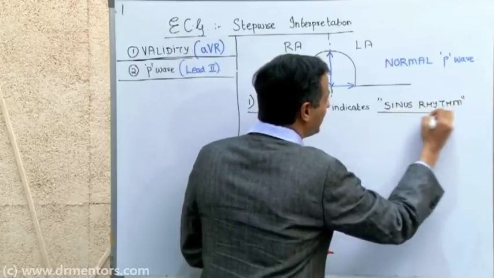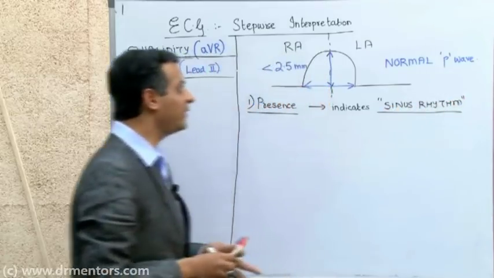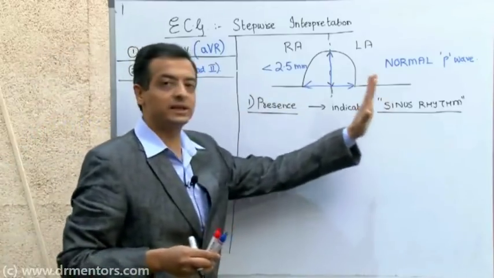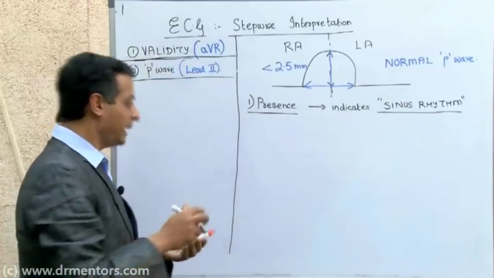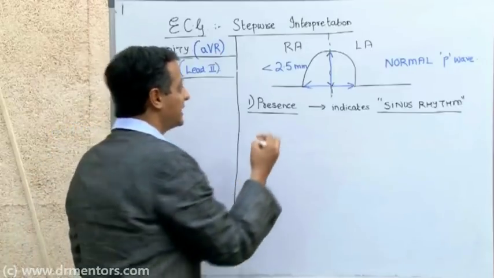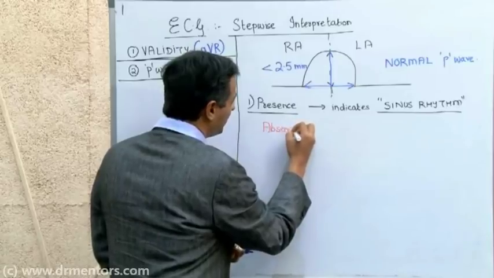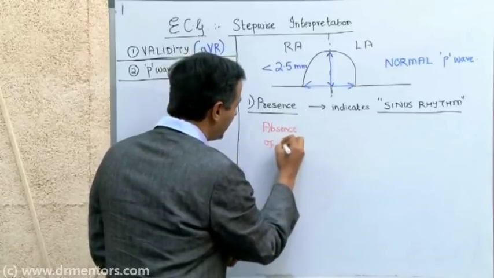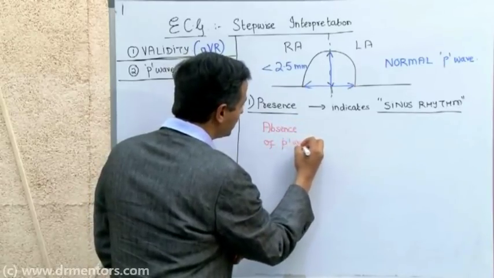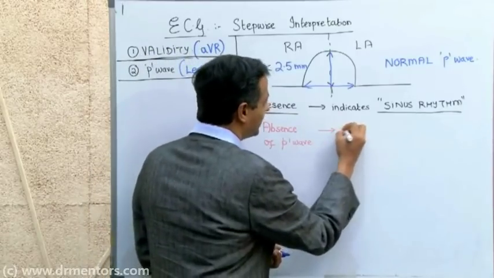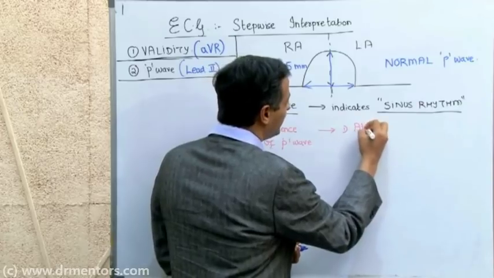So that is how we read the ECG. The P wave present in lead 2 indicates sinus rhythm. Full stop. If the P wave is absent, what does the absence of the P wave indicate? It is not a sinus rhythm. Absence of the P wave is either atrial fibrillation.